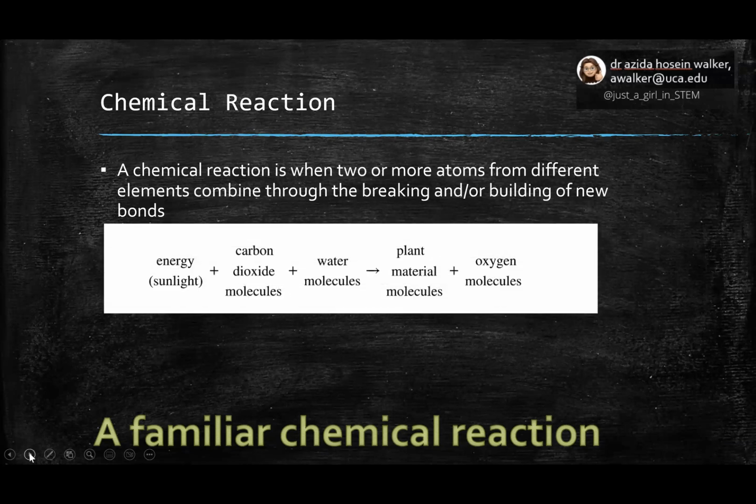So, for example, a typical chemical reaction that most of us may be familiar with would be carbon dioxide and water coming together using energy from the sun to produce plant materials and giving off oxygen.